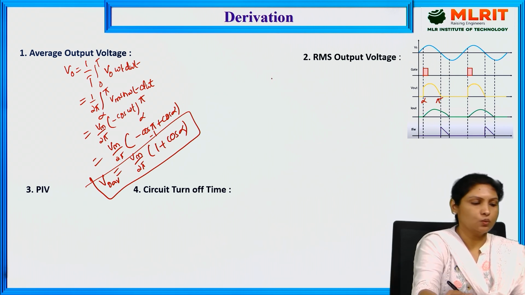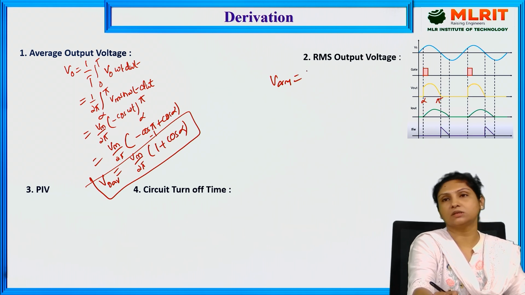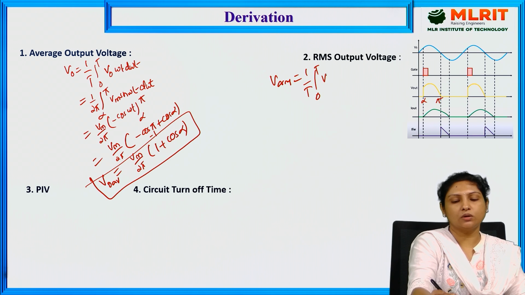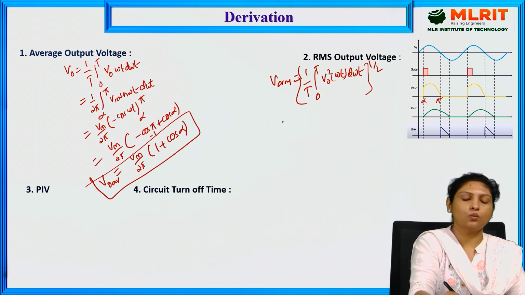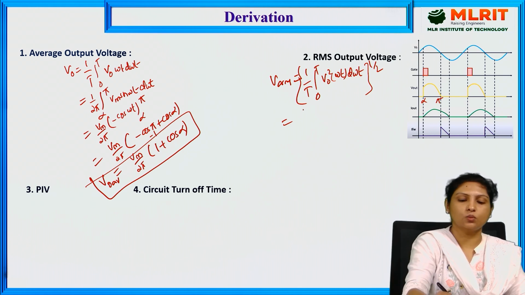Coming to the V0 RMS expression, the general formula is V0 RMS equals 1 by T, integral from 0 to T of V0 square omega T d omega T, whole to the power of 1 by 2. Every similar cycle repeats for 2 pi, so 1 by 2 pi.